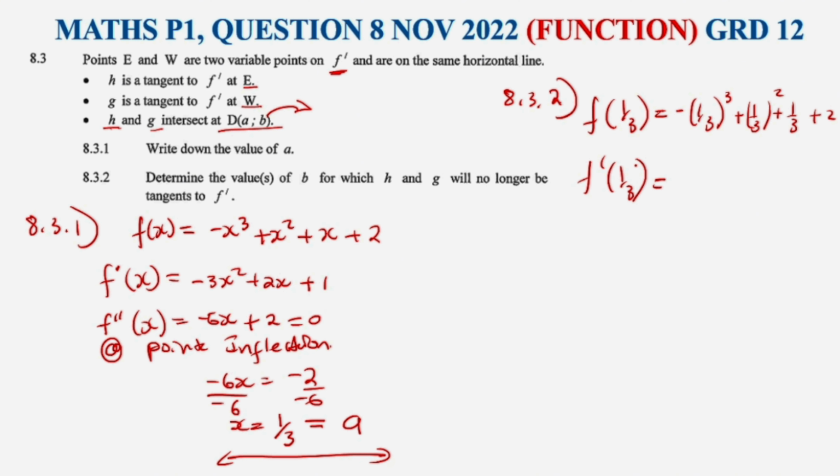The calculator is giving me 4 over 3. So if you know this very well, remember this is B, equal to B. Anything that is below that, 4 over 3, we will no longer have a tangent on this function.